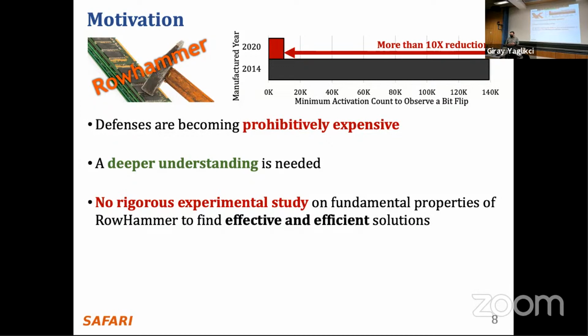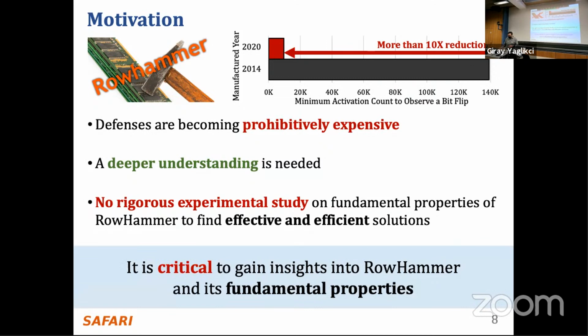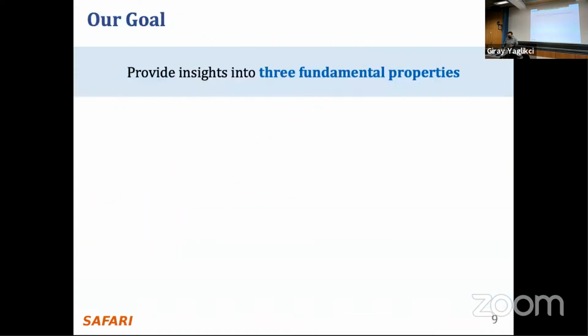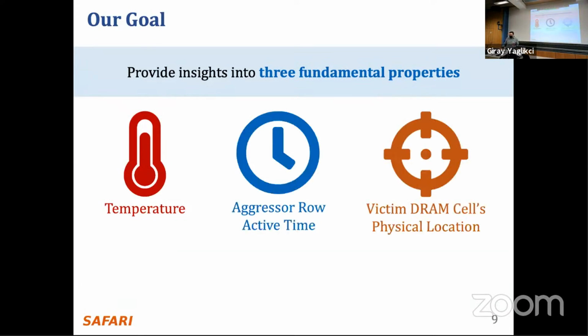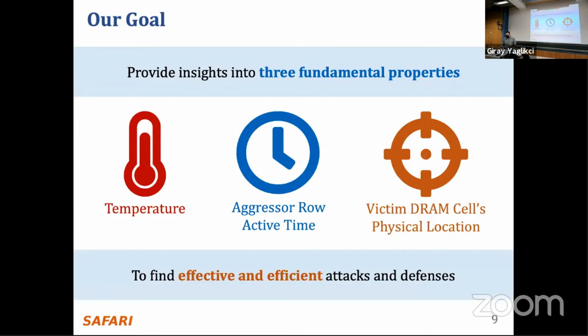Unfortunately, no rigorous experimental study on fundamental properties of RowHammer is out there. So the takeaway is that it's critical to gain insights into RowHammer and its fundamental properties, and that's exactly our goal in this paper. We look at three aspects, as I said earlier: temperature, aggressor row active time, and victim DRAM cell's physical location, to find effective and efficient attacks and defenses.